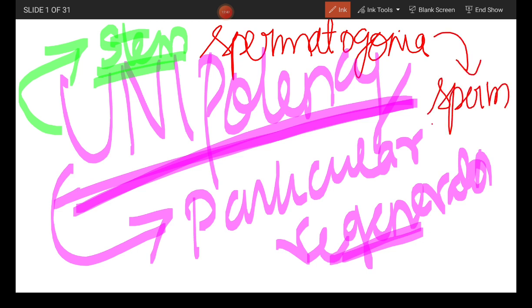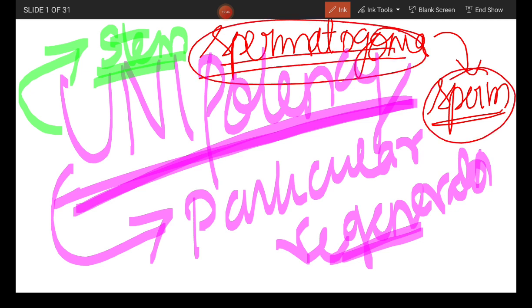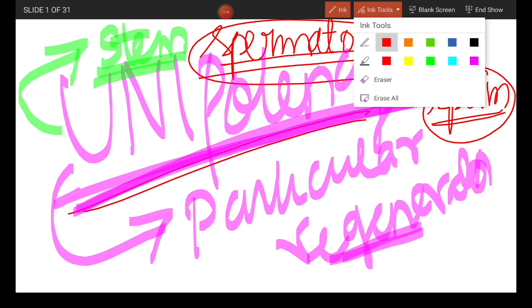It will never give rise to any other cell. This is one such example of unipotency.